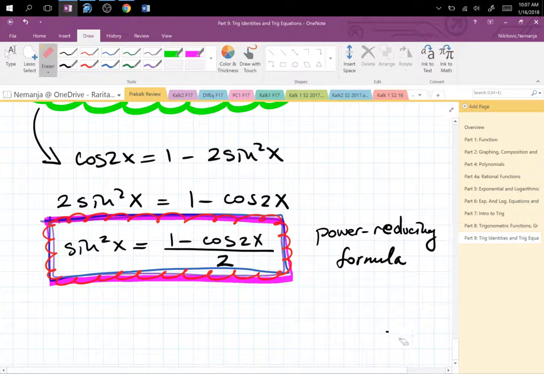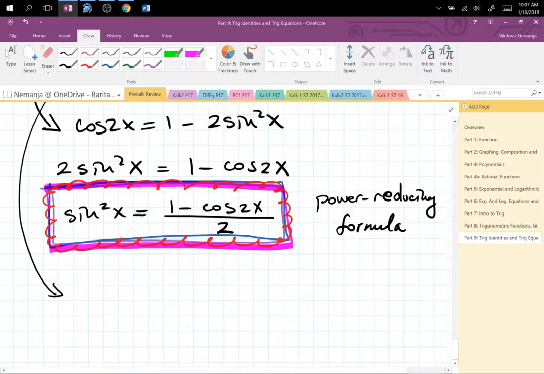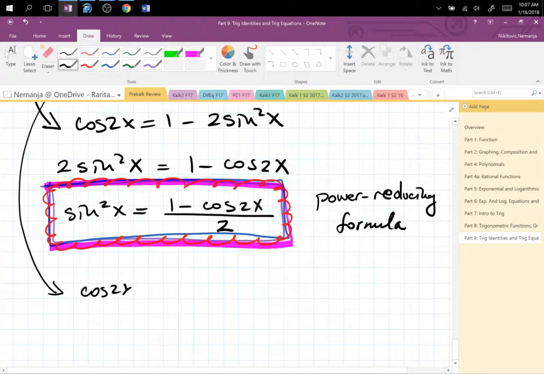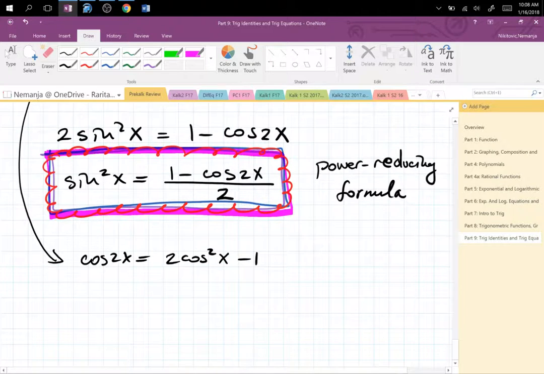So I will need this now because it's a PreCalc review, but you have to know this formula. And then also, if you write the other formula down, which was cosine 2x is equal to 2 cosine squared x minus 1, you can solve for cosine squared: 2 cosine squared x is equal to cosine 2x plus 1, right?